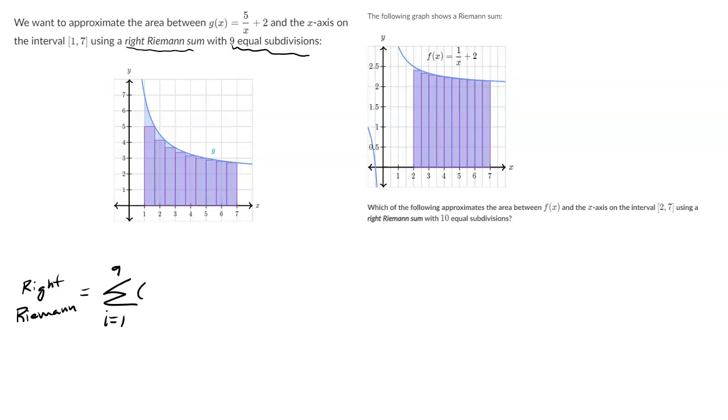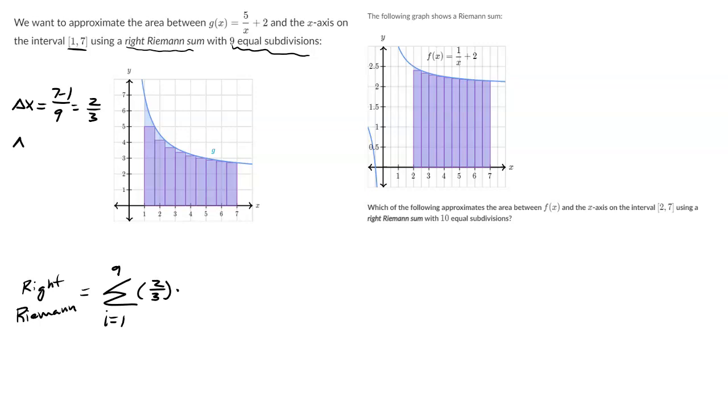Delta x is supposed to be the width of each interval. Delta x is going to be 7 minus 1 divided by the number of intervals. And that gives me an answer of 6/9, or 2/3. Generally stay away from decimals if you can help it, unless it's a terminating exact decimal. And then I need to multiply by f of x sub i.